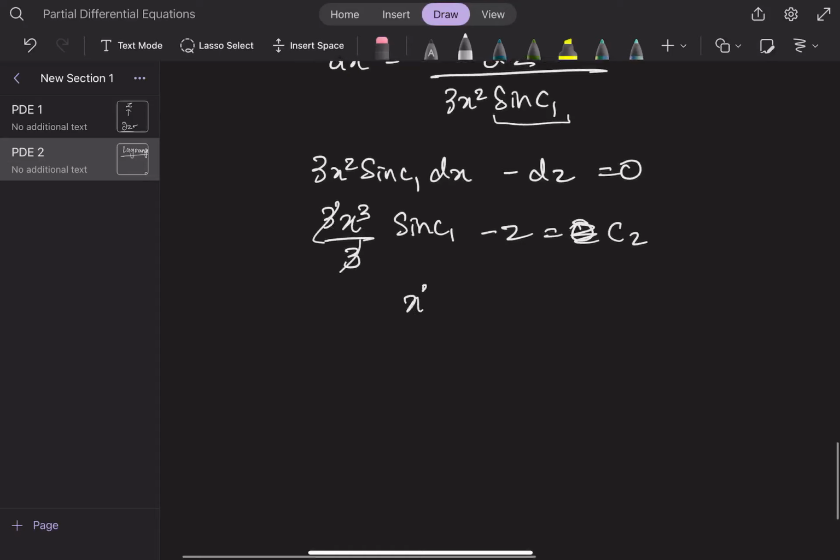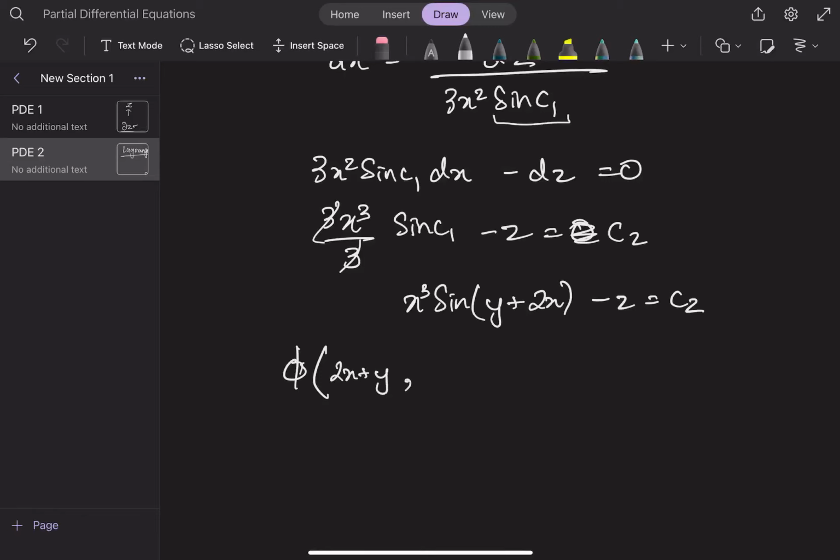So x cube sine y plus 2x minus z is equal to c2. So your final answer is phi of 2x plus y comma x cube sine of y plus 2x minus z is equal to 0. So this is the final answer.